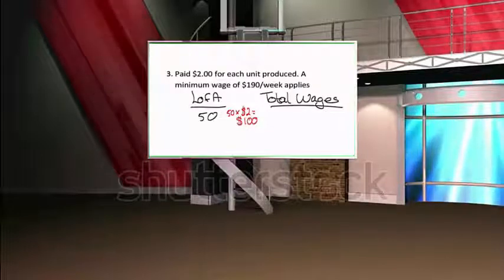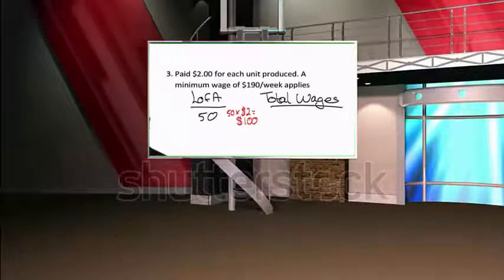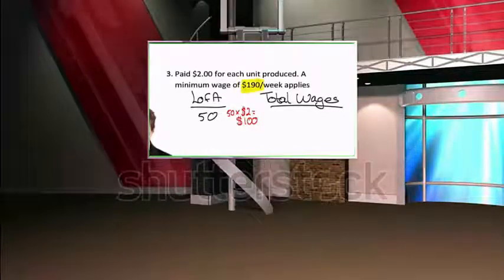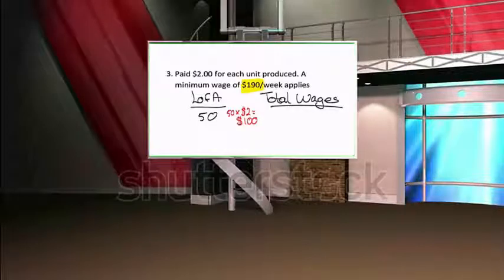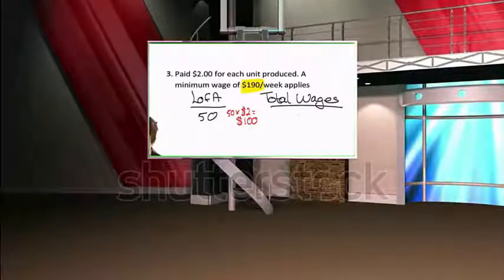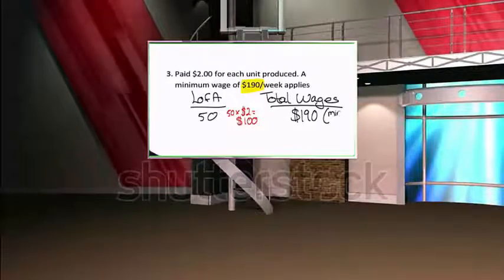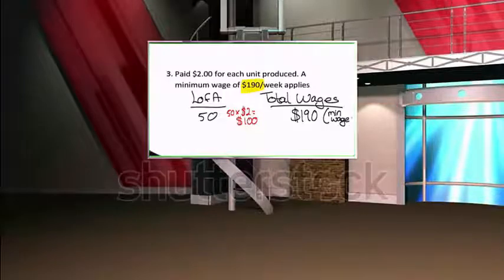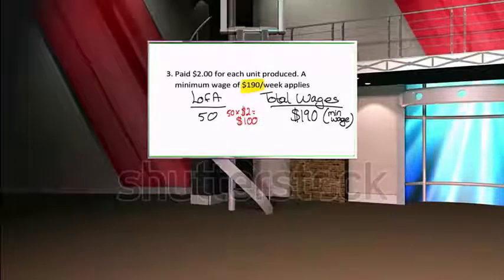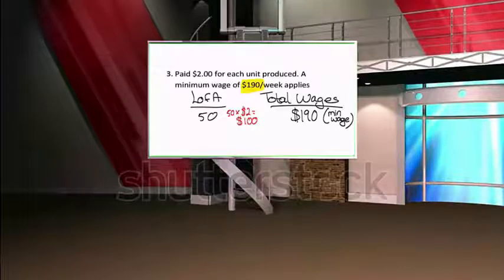Well, no. If the employee has earned less than the minimum wage, then what they are going to get is the minimum wage. So the total wages paid will be $190 because this is the minimum wage, and the employee has not done enough to earn more than that.